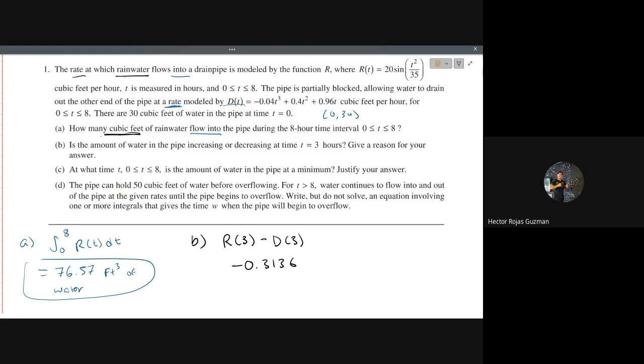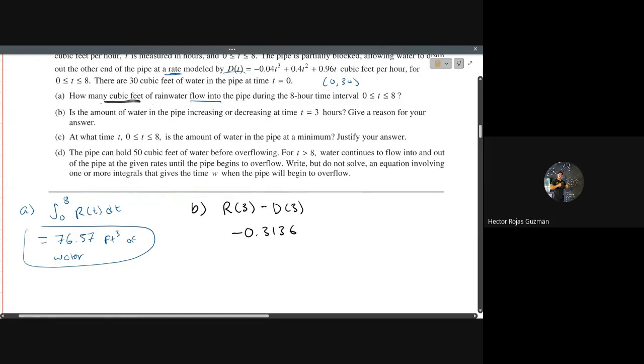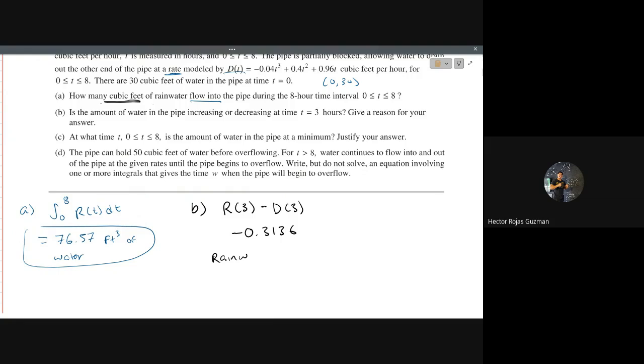Because that's less than 0, it's decreasing. The common mistake that I saw was that people took derivatives, but they were already derivatives. Rainwater in the pipe is decreasing at T equal to 3 because R of 3 minus D of 3 is negative. It's less than 0.